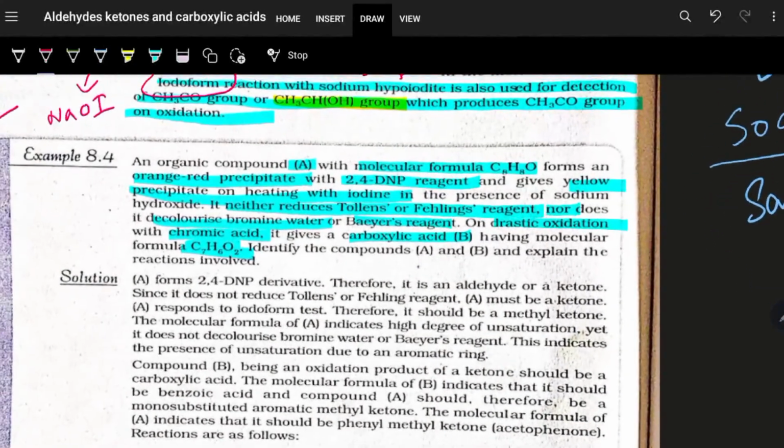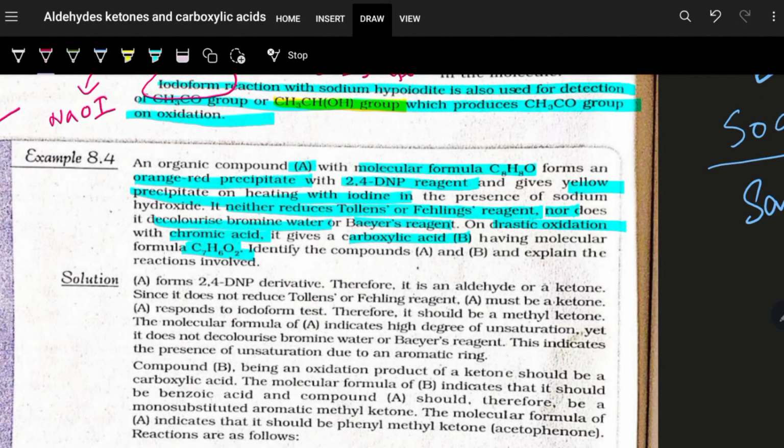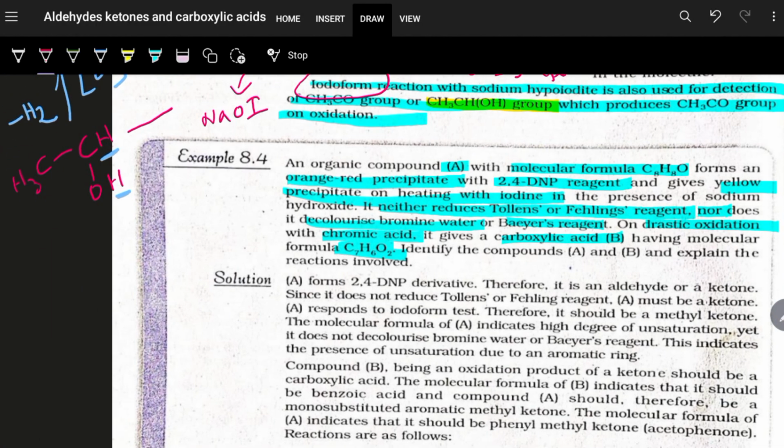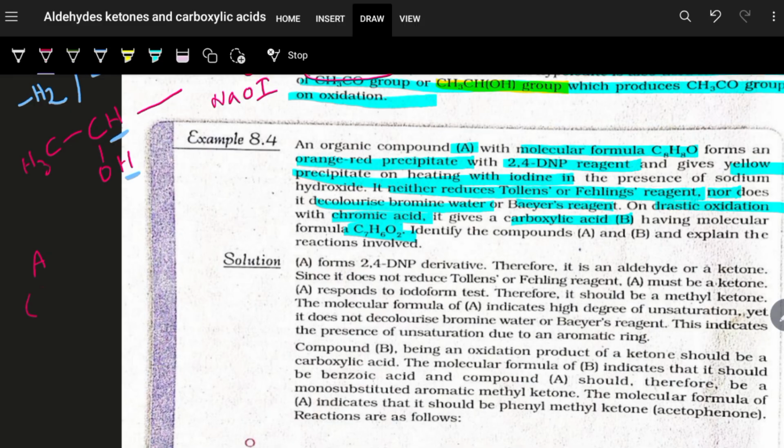Next, moving on to example 8.4. It's very important. An organic compound A having a molecular formula C8H8O forms a red precipitate with 2,4 DNP. So I can say it is responding to the 2,4 DNP test. That means it can be a carbonyl compound, an aldehyde or a ketone.